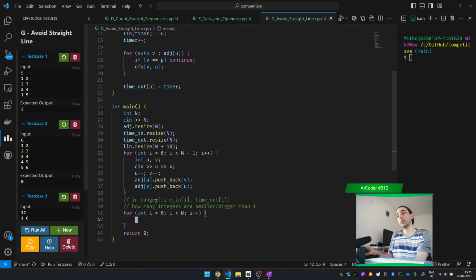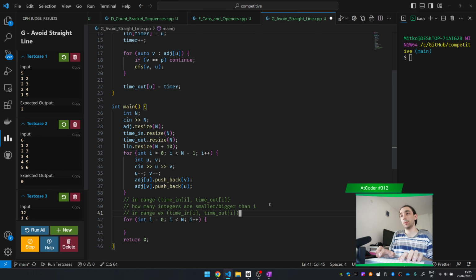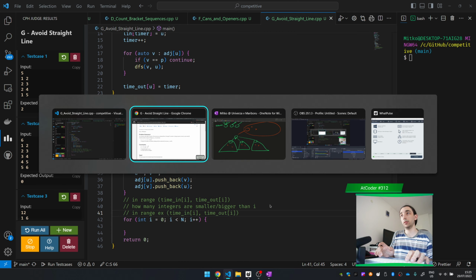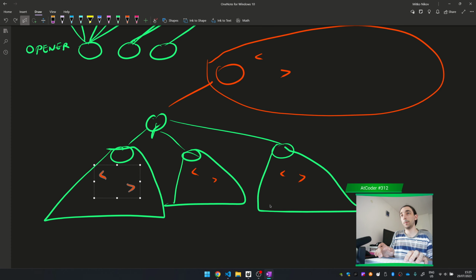So one thing is how many integers are smaller or bigger than I, and the other range is the range excluding this time in of I and time out of I, right? This is like the other range.